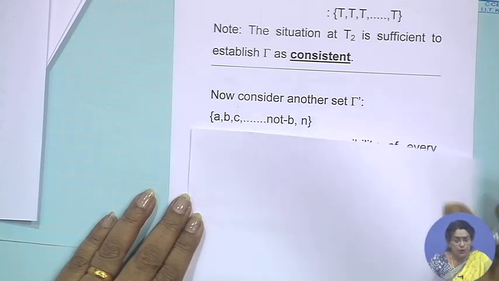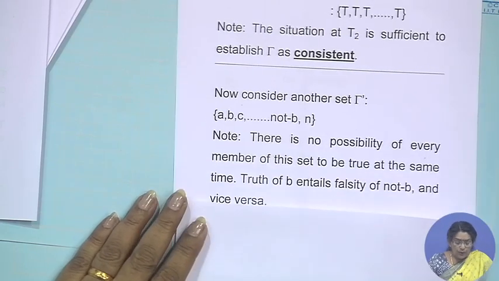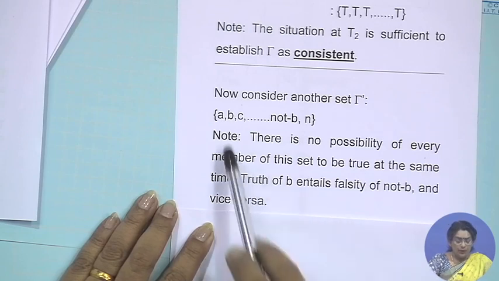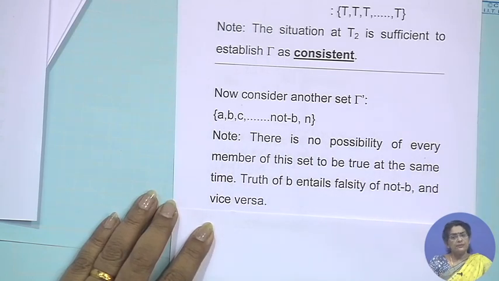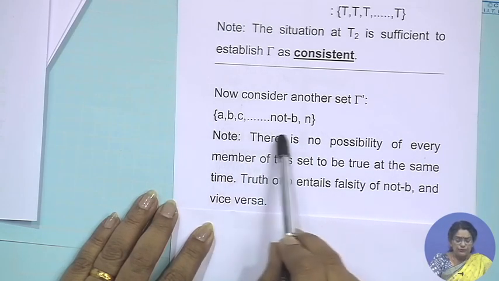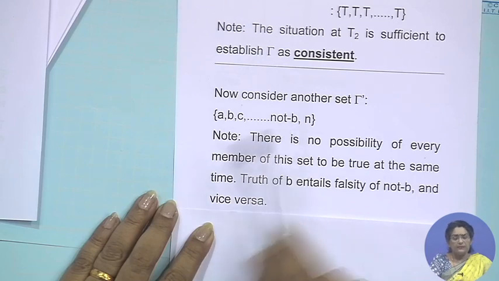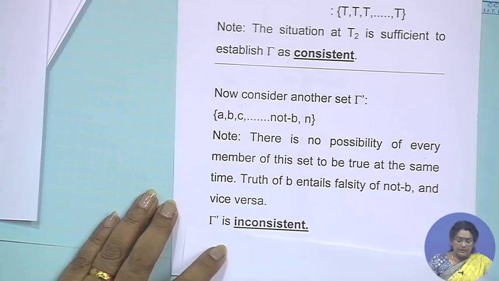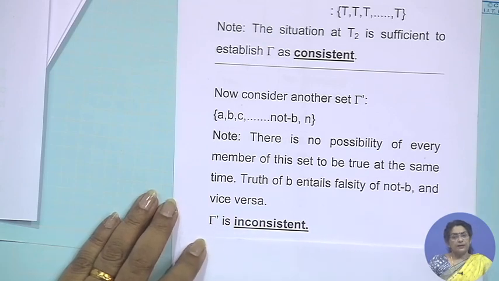The answer is no. You will never find even one moment when every member is going to be true at the same time. Why not? Because B's truth is going to cancel the truth of not B and vice versa. And this is what we call an inconsistent set. So, gamma dash is inconsistent, but gamma was not, even though you found in one case that they are not all true together, it does not make the set inconsistent.